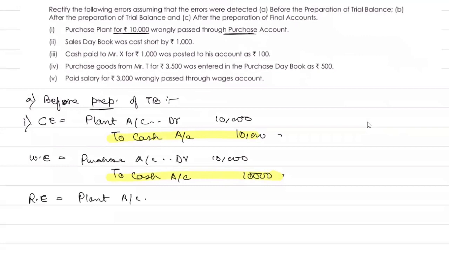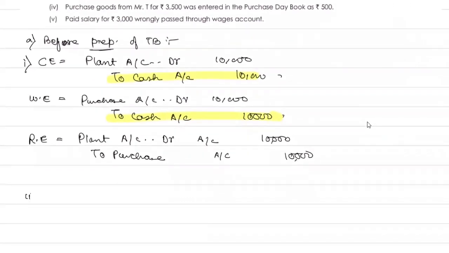Plant account debit to purchase account, 10,000. Okay. Next one.